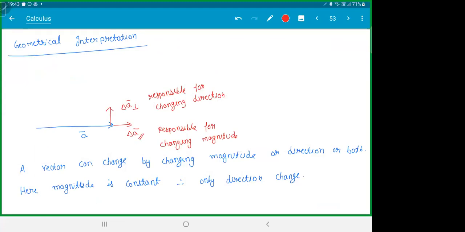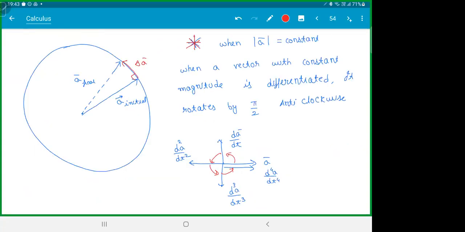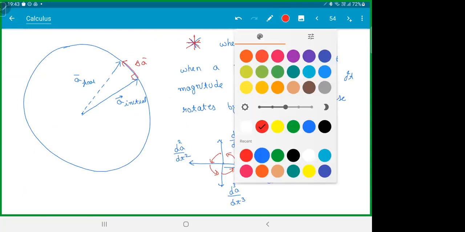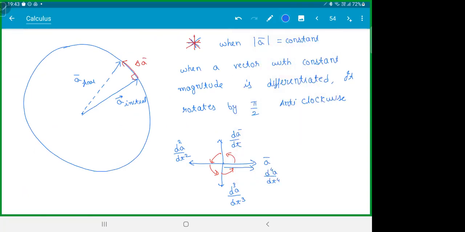Any doubts on this page? Have a look at this. Let's see how they'll frame a question based on this concept. So remember that concept: if you differentiate a vector with a constant magnitude, the vector will keep rotating anti-clockwise.